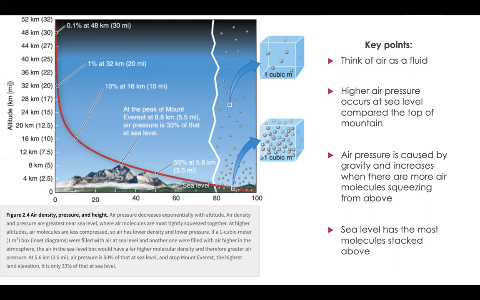So if you think about it, at sea level, there's going to be way more air molecules on top of you than at the top of a mountain, which has about, well, at top of Everest, there's only 33% of the air pressure compared to sea level. And then sea level always has the most molecules stacked above. So that's why it's going to have the highest air pressure.